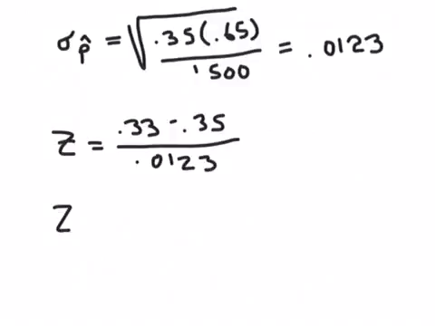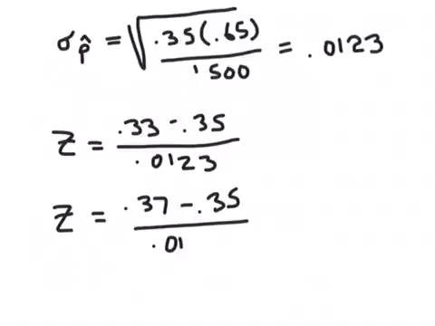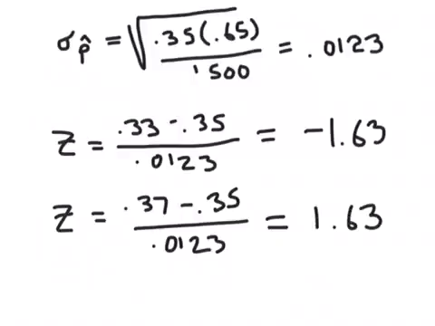And then, of course, we take the other z-score and we take 0.37 minus 0.35 and divide it by the standard deviation, and we get these two numbers, which are negative 1.63 and positive 1.63. What does that mean? Oh, that normal curve. So we are 1.63 standard deviations away from the middle, and how much area is that?